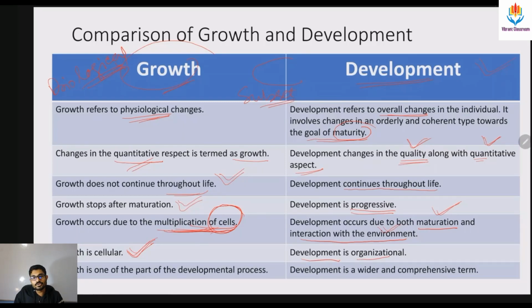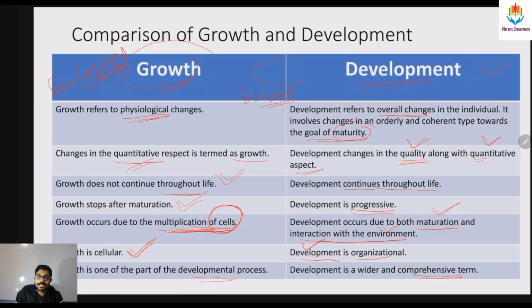That means it involves the cellular concept as well as the environment where we live, our society, our nature, our school, or other institutions found in our society. Everything has a great impact on the process of development. So growth is one part of the developmental process. Development is a wider and comprehensive term, due to that we consider growth a subset of development.